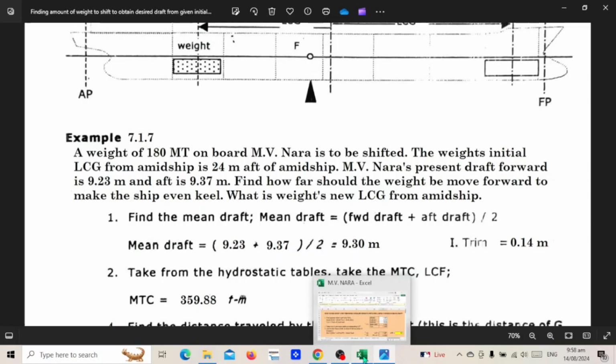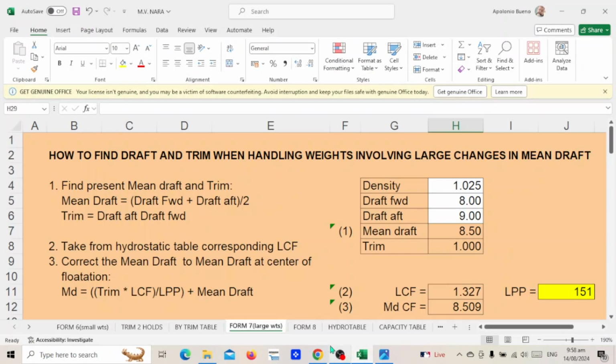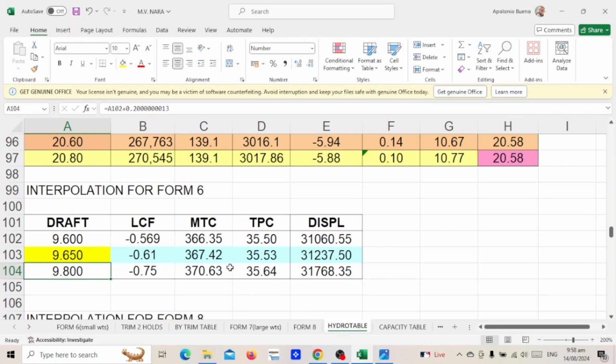So I'll investigate guys. 9.30, we go to the hydrostatic table. Then we put here mean drop of 9.30.